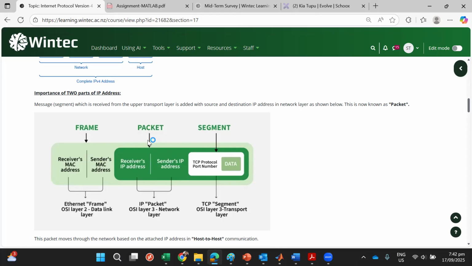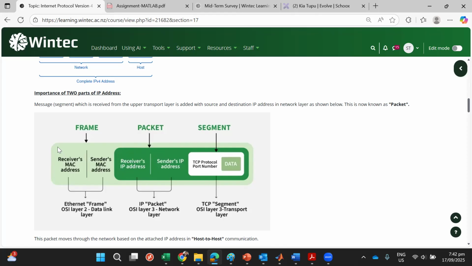So in the network layer we call this host-to-host communication, happening between two end devices. The transport layer is between applications, in segments, but at the network layer it's between hosts.